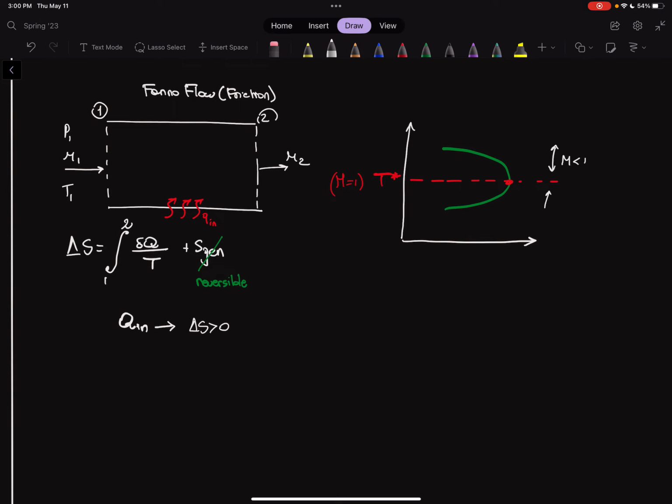So the difference also is that since it's not adiabatic because we bring some heat in, the total temperature is increasing. So for instance, in the homework, if we start here at 1, so with T1 and we go up to T2 somewhere here, we would have TT1 and somewhere here TT2, when I draw the isobars.